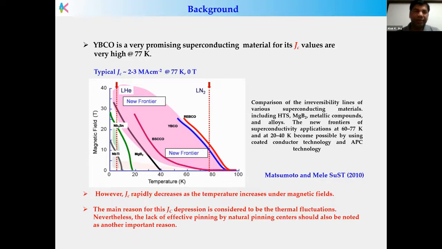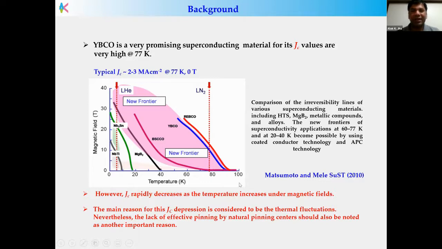If we compare the irreversibility lines of various superconductors, we can see that YBCO and REBCO, where the Y is replaced by another rare earth like neodymium, gadolinium or samarium, the irreversibility line of REBCO films is widely shifted towards higher magnetic field and temperature range.